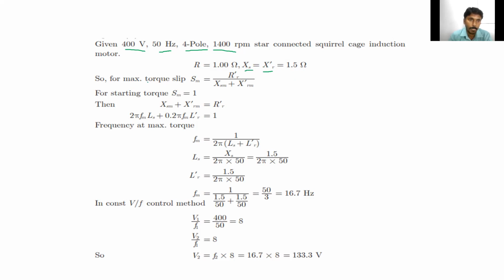So when is the maximum slip present? When the torque is maximum. For example, if this is the maximum torque, then at this point the slip can be called the maximum slip.